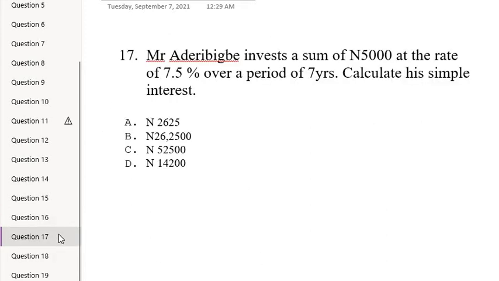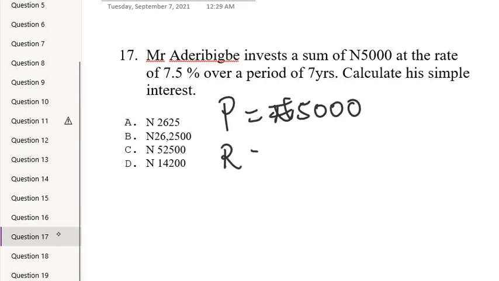Question 17. Mr. Aderebigbe invests a sum of 5,000. The principal here is 5,000, at the rate equals 7.5% over a period, the time is 7 years.